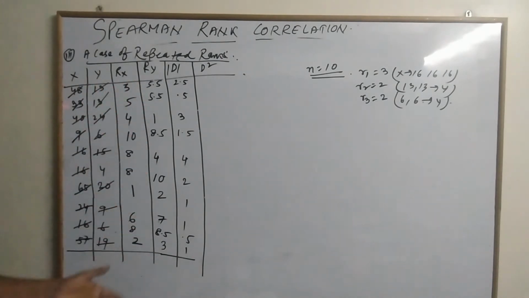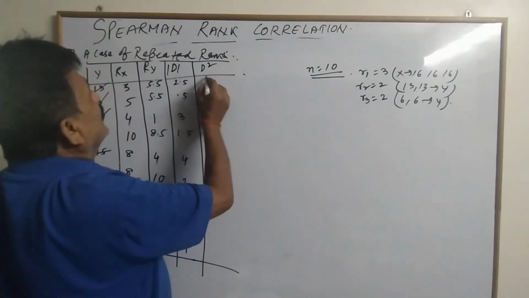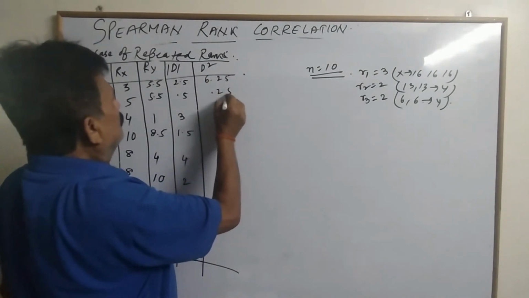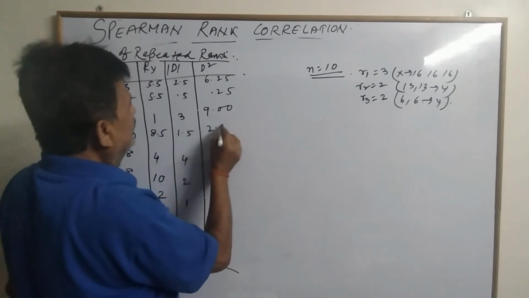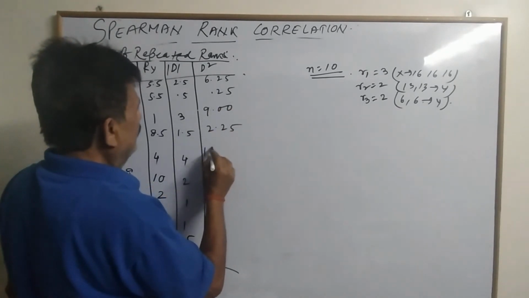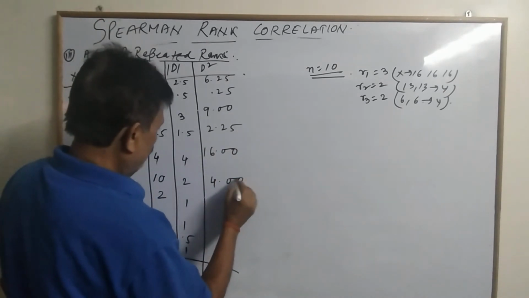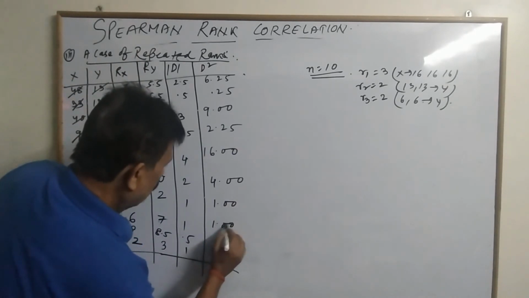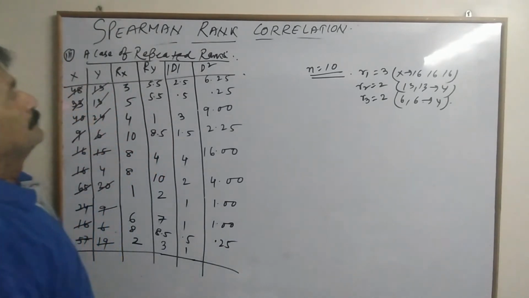So this is how we get D and finally it has to be squared. So 2.5 squared is 6.25, 0.25, 9, 2.25, 16, 4, 1, 1 and 0.25.